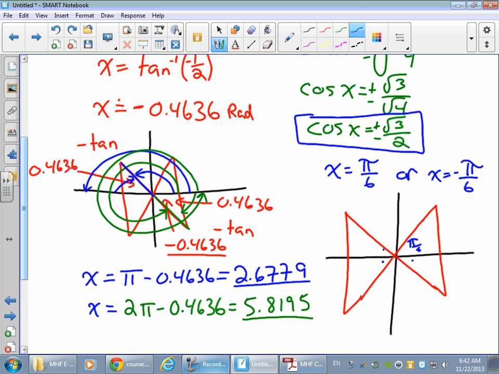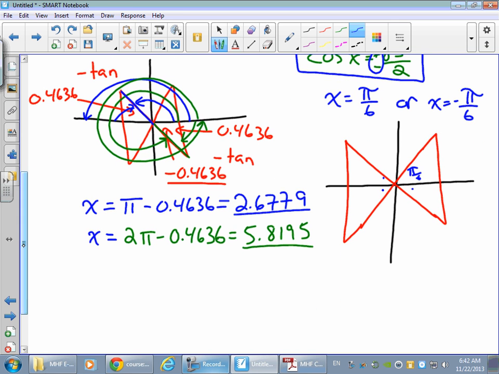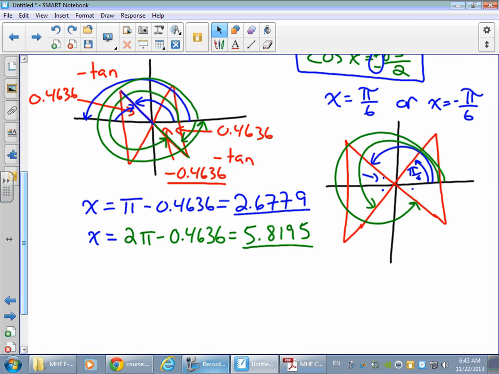But because my answer can be positive or negative, I'm actually going to need to get all 4 sections here. I need the angle that gets me here, which is the pi over 6. I need the angle that gets me here, which will get me a negative cosine value in the second quadrant, but still gets me the pi over 6 hidden in here. And then, of course, I need to get this and this as well. Because in 2 cases, I'll get the positive root 3 over 2, and in 2 of the cases, I get the negative root 3 over 2.